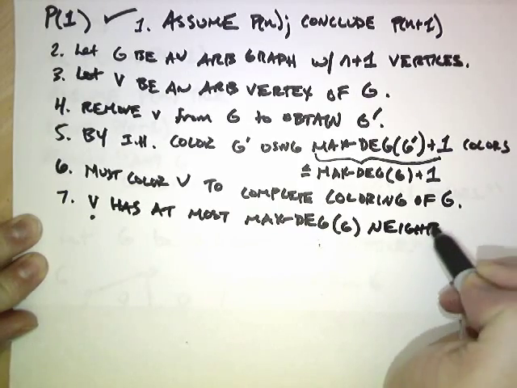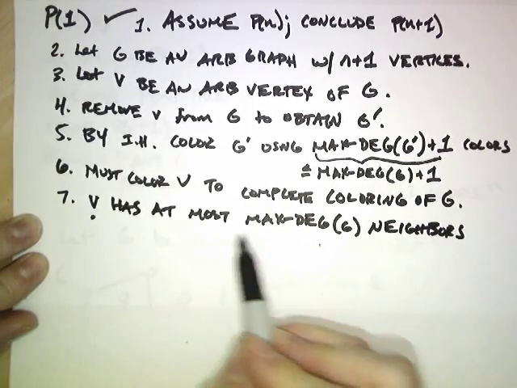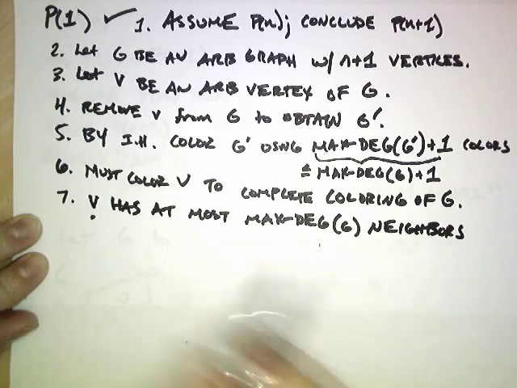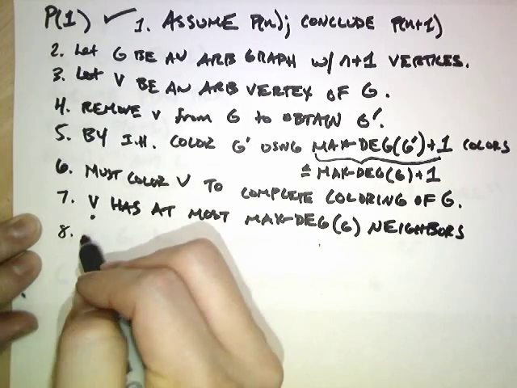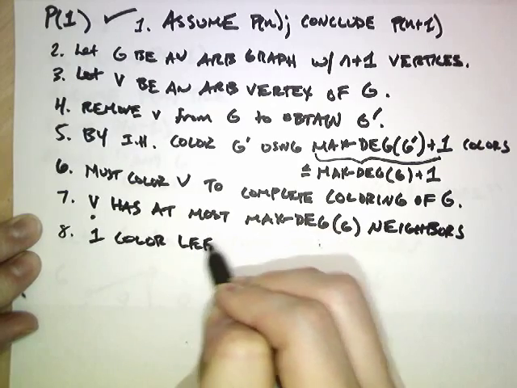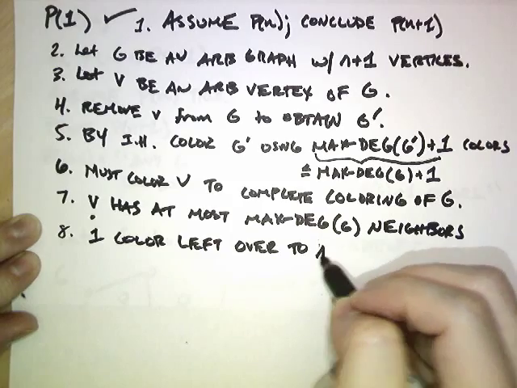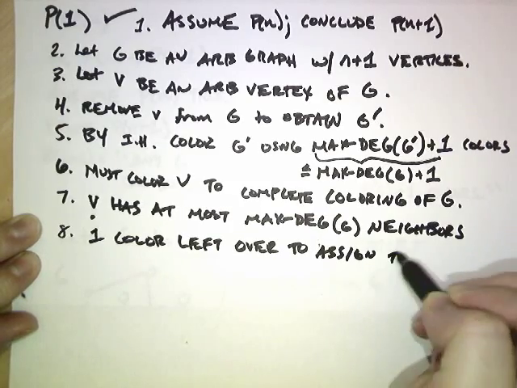When we're putting back in V, we need to assign it a color. It has at most max degree of G neighbors, so there's one color left over to assign to V.